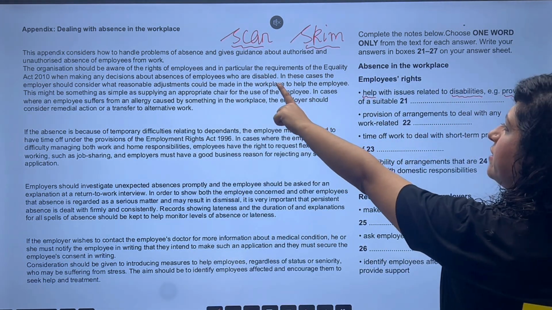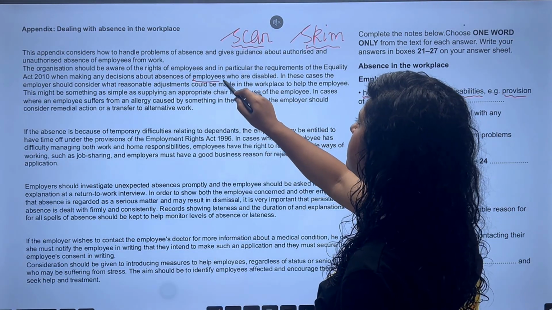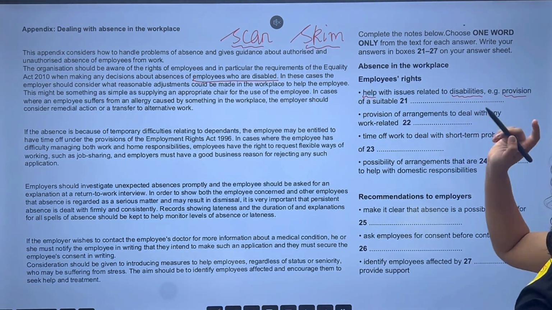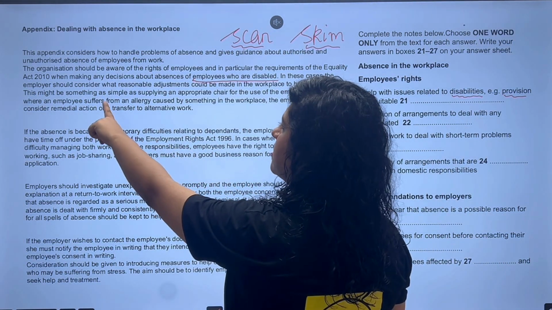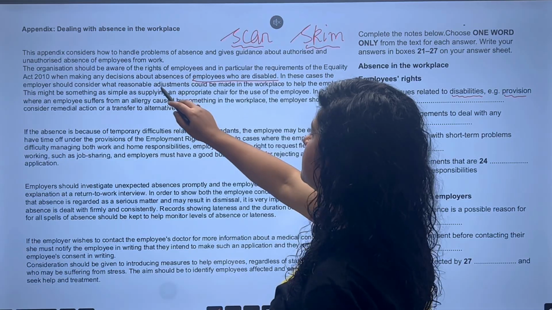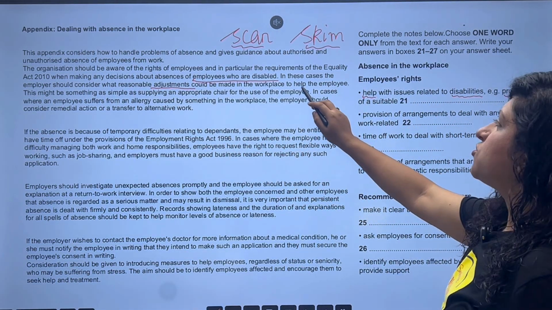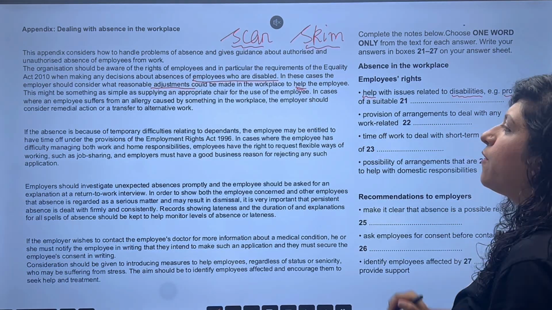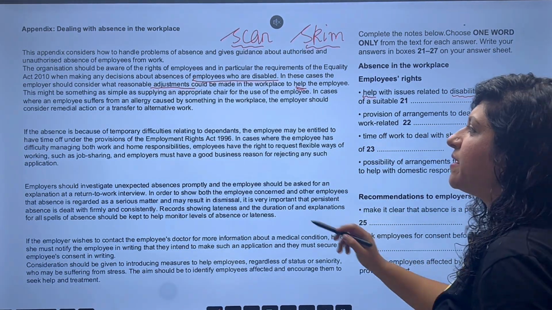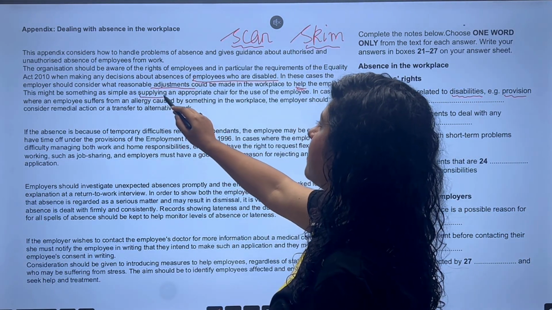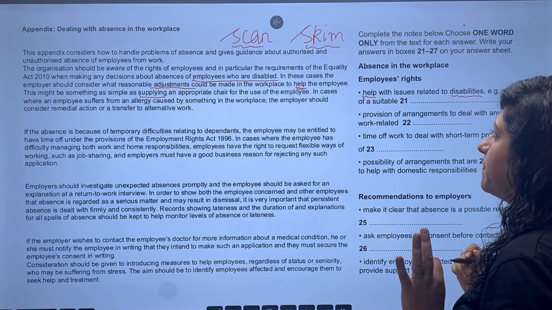So I definitely see this, employees who are disabled. I have one of my keywords. In these cases, the employer should consider what reasonable adjustments could be made in the workplace to help the employee. This might be something as simple as supplying an appropriate chair for the use of the employee.